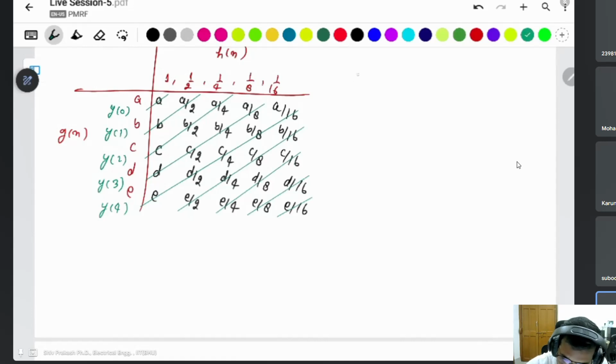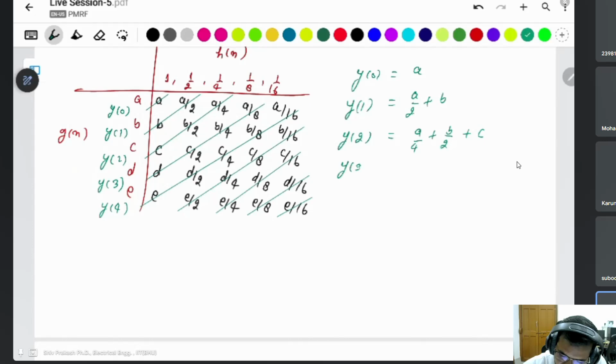Then what is the y0? It will be a. y1 is a by 2 plus b. y2 will be a by 4 plus b by 2 plus c. y3 is a by 8 plus b by 4 plus c by 2 plus d.